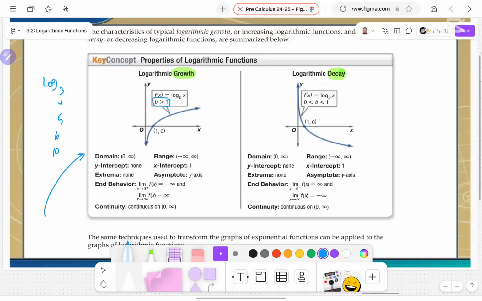And if the base is between 0 and 1, which is considered a fraction, it's always a decay. The function goes down like this. For example, log half, log 1 over 4, 1 over 6, or whatever. And all the properties are the same as we did in the two examples.